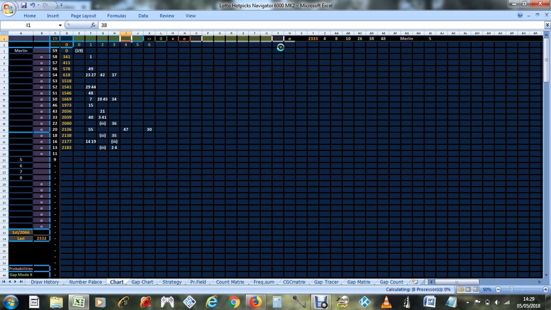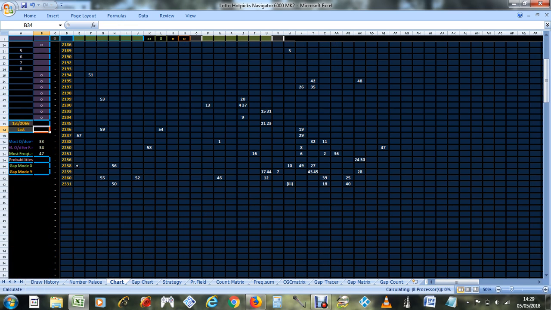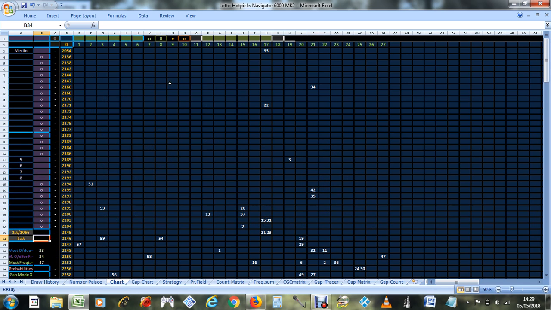But anyway, never mind that. I'm going to show you this new section, and what this does is it looks at the gap chart for each number. I'll just show you what a gap chart looks like.